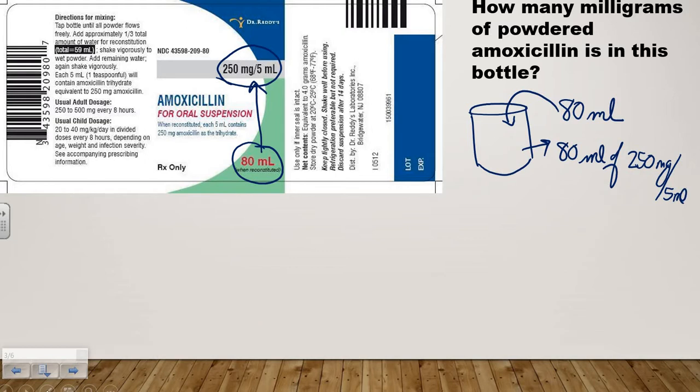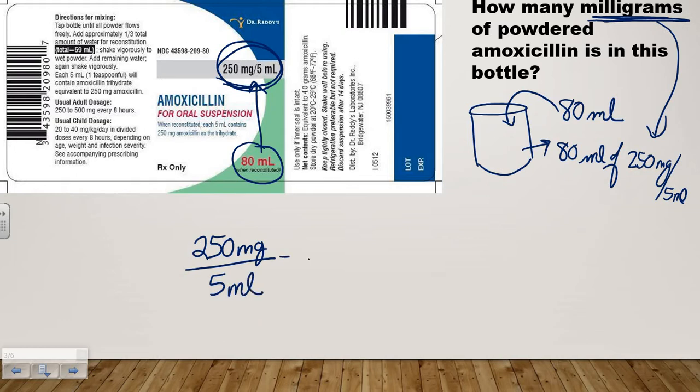Now, let's say you need to know how many milligrams are actually in here, because let's say you need to change that concentration and you want to know actually how many milligrams are in here. So to calculate that, we start with your standard concentration that it's labeled for, 250 milligrams to 5 ml, that's what it's being labeled for.